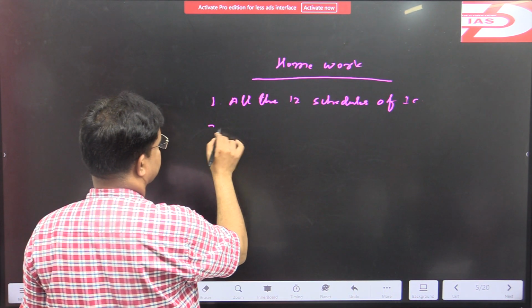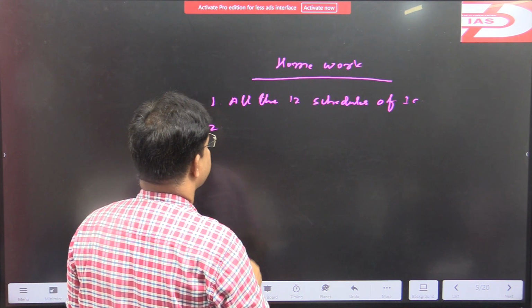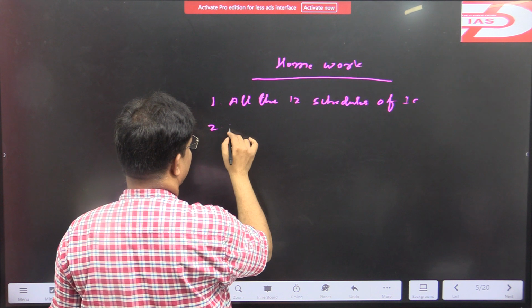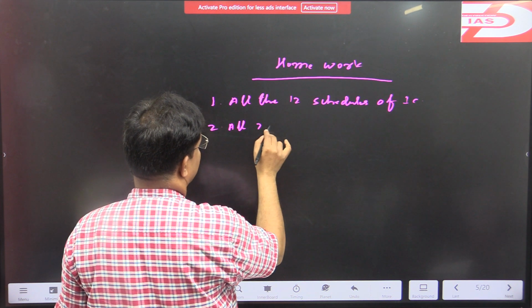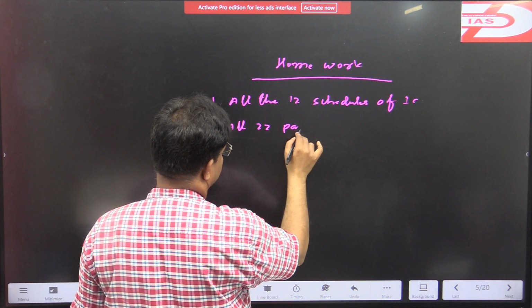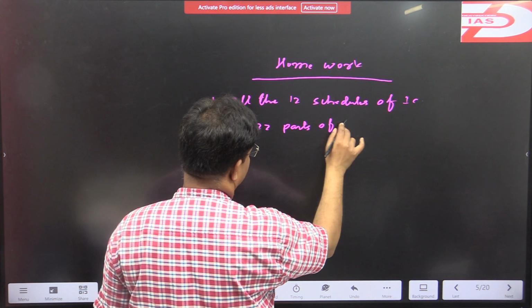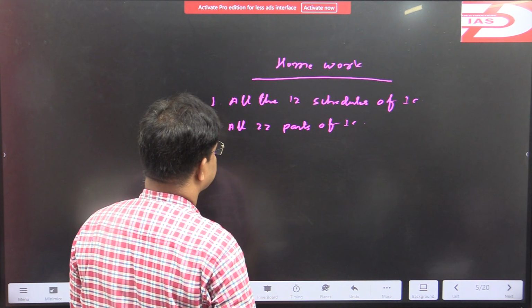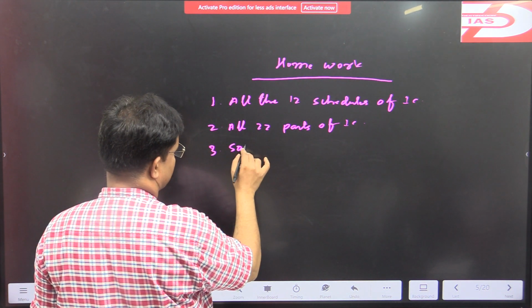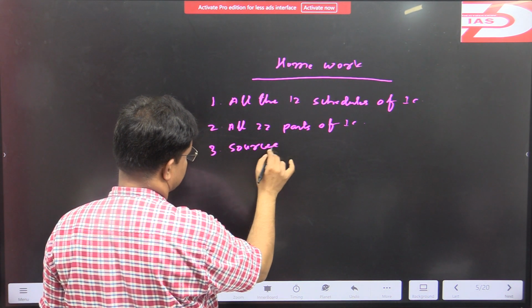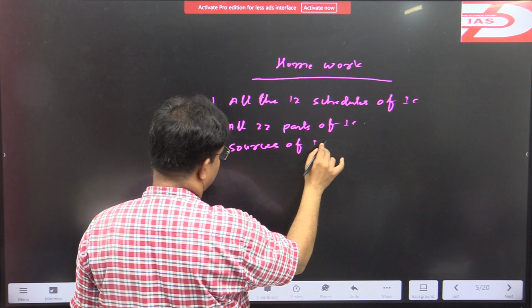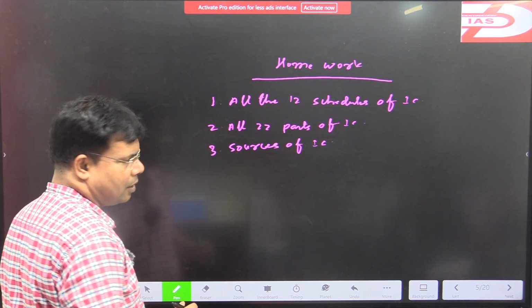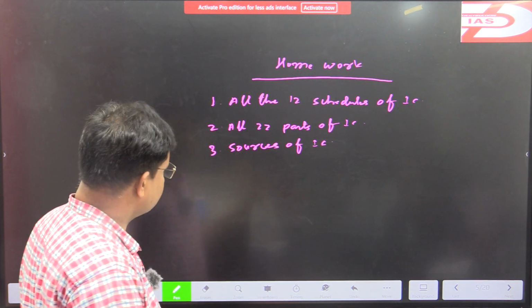Second, all 22 parts of the Indian Constitution. Third, sources of the Indian Constitution, from where we have borrowed the constitution.